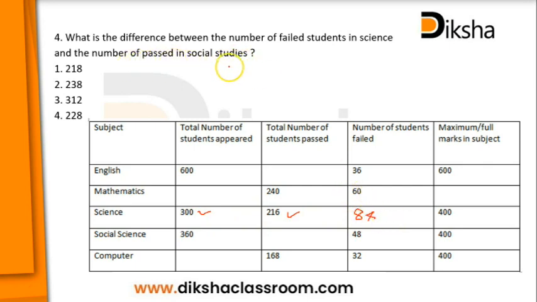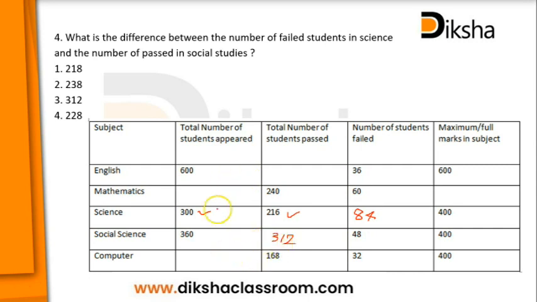Then passed students in social. In social we have 360 as the total number of students and failed as 48. So passed will be 360 minus 48, that is 312. So 312 is the passed students.